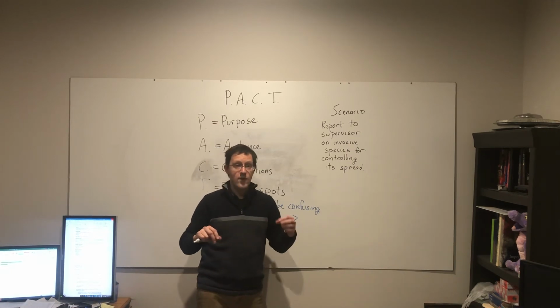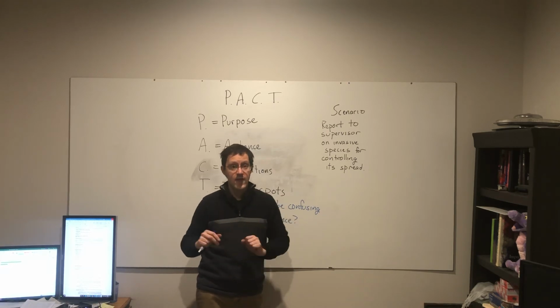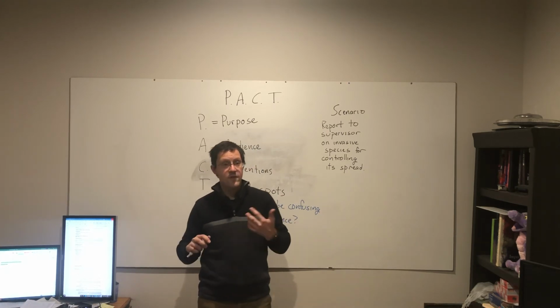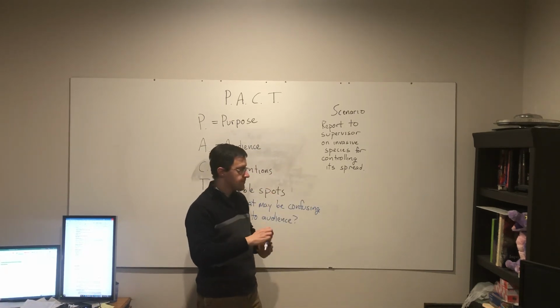If you have a very small map, they won't be able to see it with enough detail to carry that out. So that is one example of a potential trouble spot within this scenario.